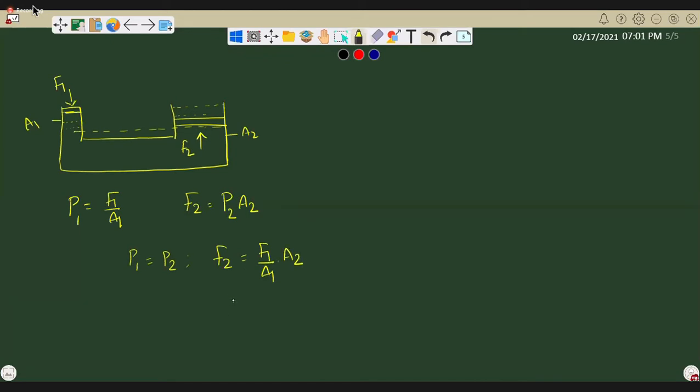So from that, F1 divided by F2 is equal to A1 divided by A2. So this can also be written as what is called your mechanical advantage.